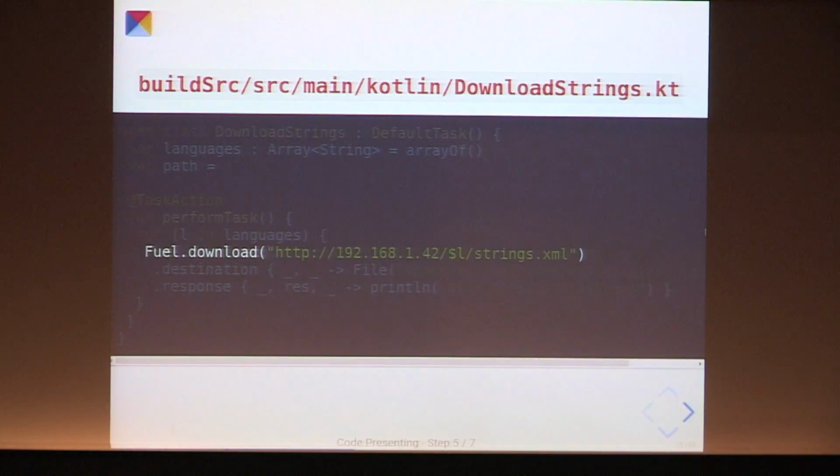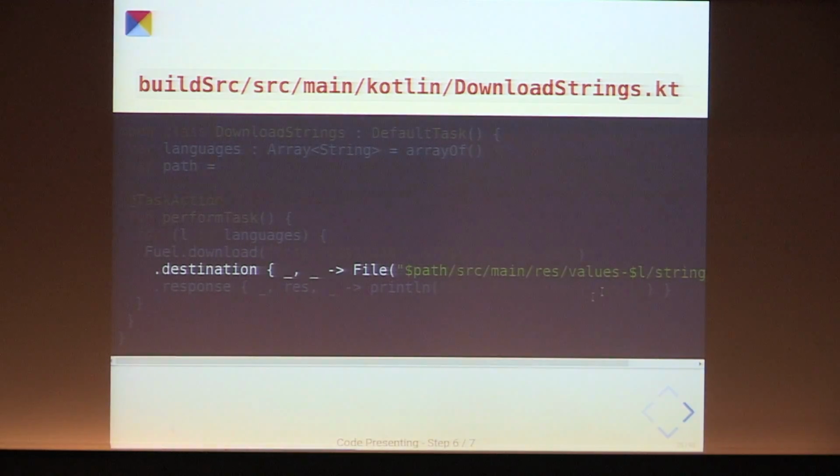So Fuel, if you don't know it, is a Kotlin library that allows you to very simply create API requests or download files pretty easily. This is something that I like to use for my plugins. So here we are going to download this file. We generate the correct URL.